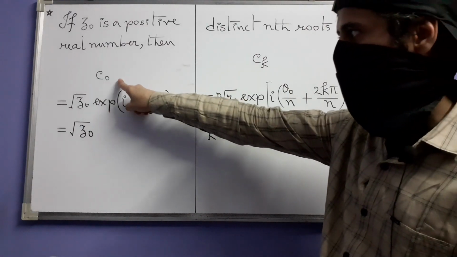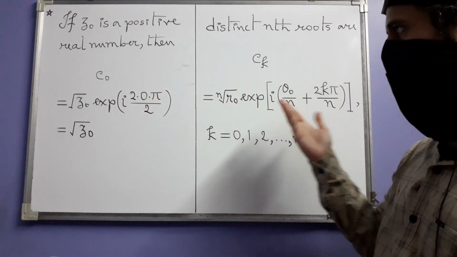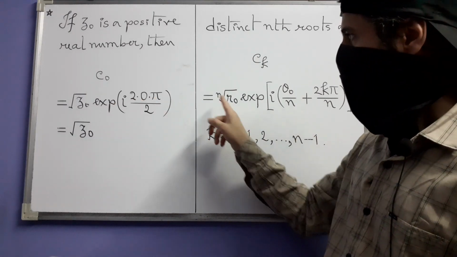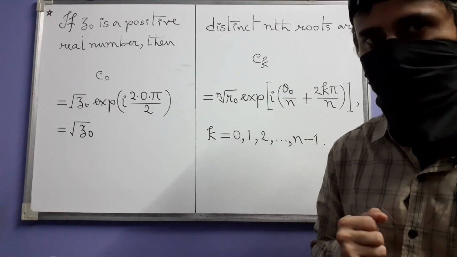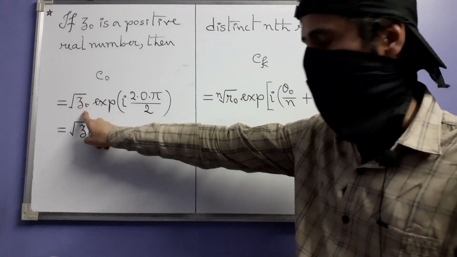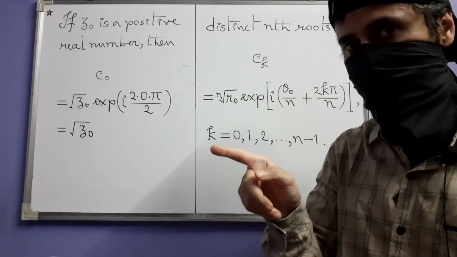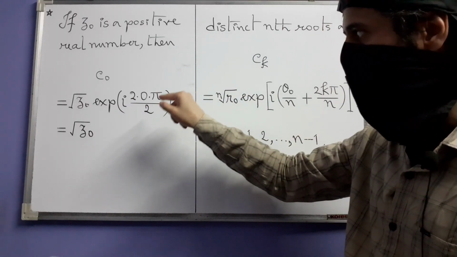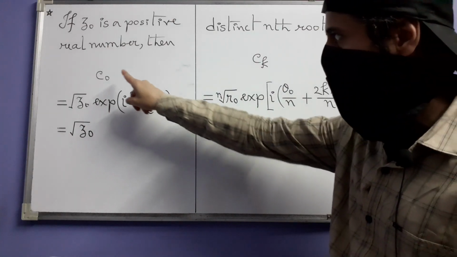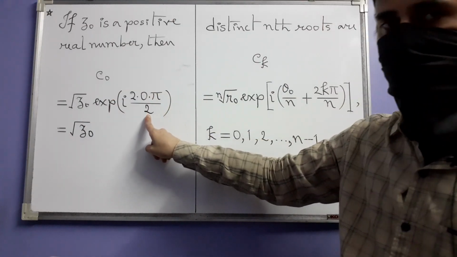One of them is c0, which from this formula becomes what? So this is the square root of z0 in the sense of real analysis. We know that it exists and it's also a positive real number times exponent of i times 2k pi divided by n. k here is 0 and n here is 2.